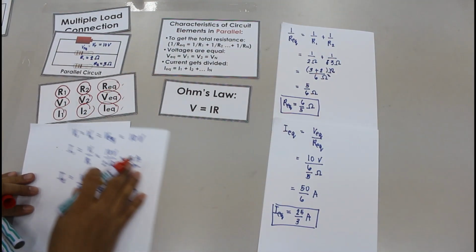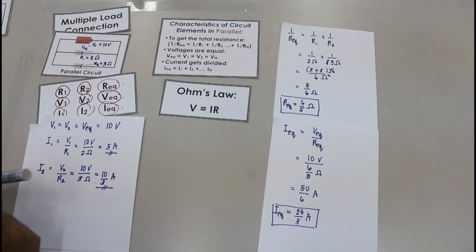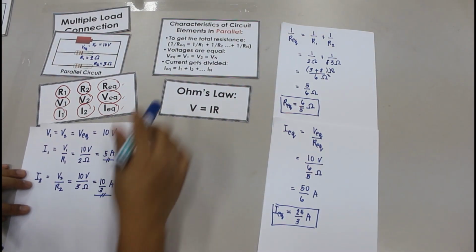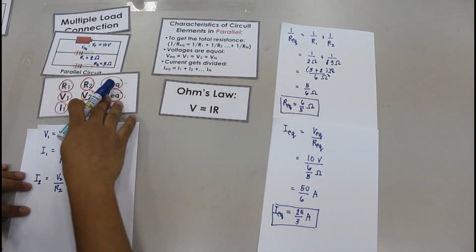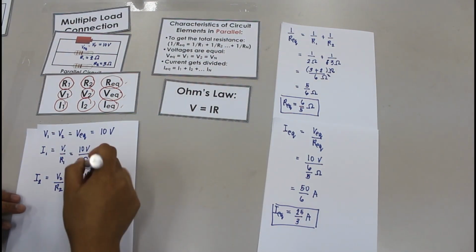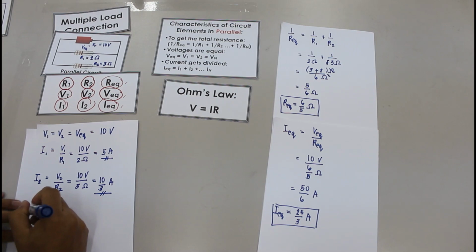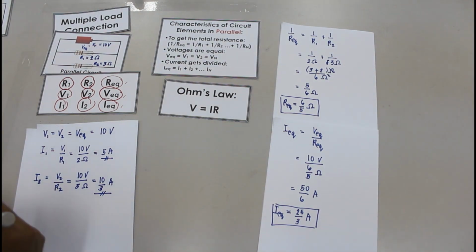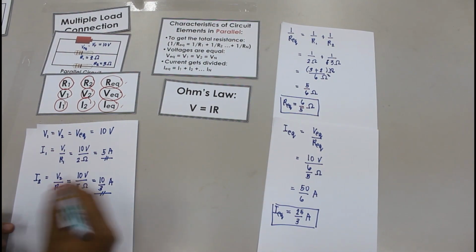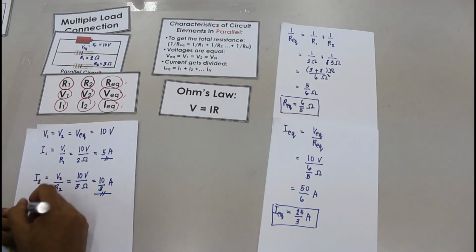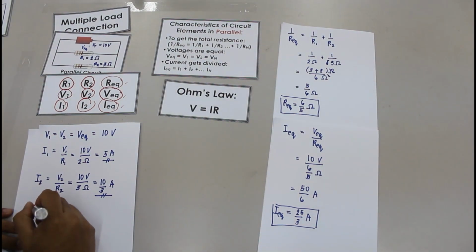And in order for us to check if we're able to solve all values correctly, particularly checking if current really gets divided, we simply add the two values of current here and check if we will be able to get our I equivalent, which is equivalent to 25 over 3 amperes. Let's check.